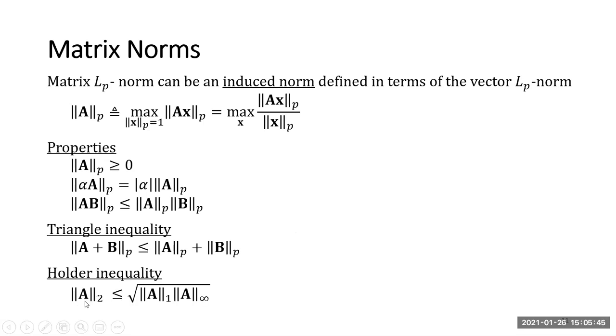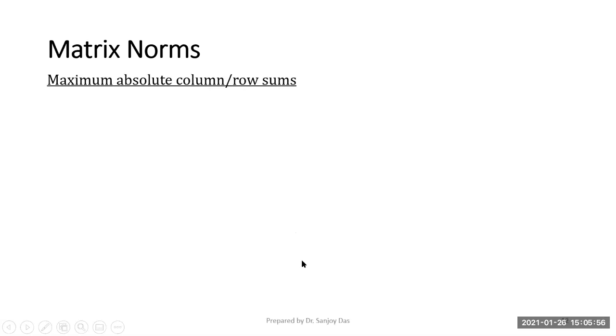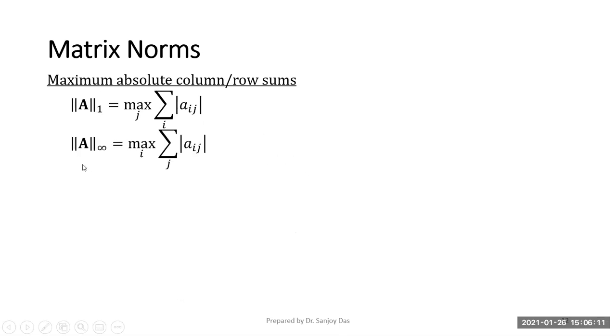Holder inequality: the L2 norm of the matrix is less than or equal to the square root of the product of the L1 norm and the L infinity norm of the matrix. Now let's look at specifically what the L1 norm of a matrix is. The L1 norm of a matrix is the maximum absolute column sum. And the L infinity norm is the maximum absolute row sum.